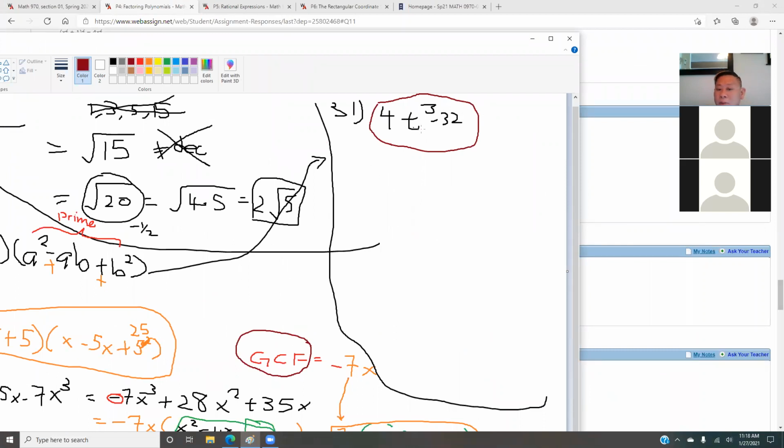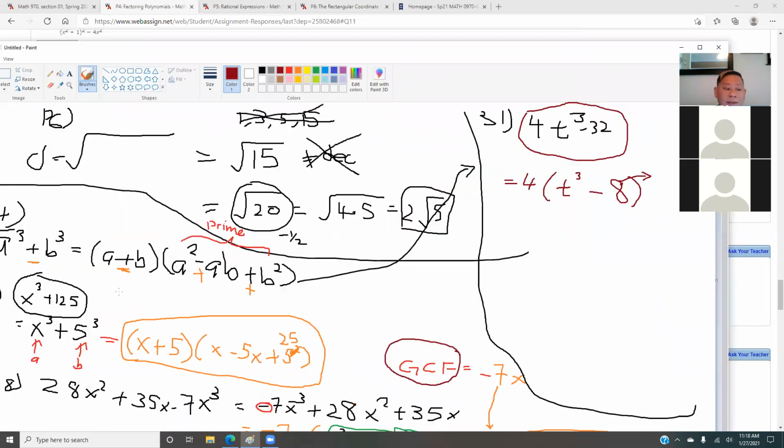What number can we factor out? 4. So we can factor out 4. So what you have in this case is t cubed minus 8. And this is a perfect cube.